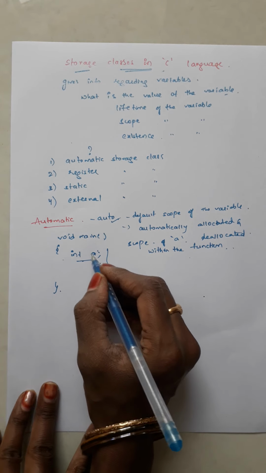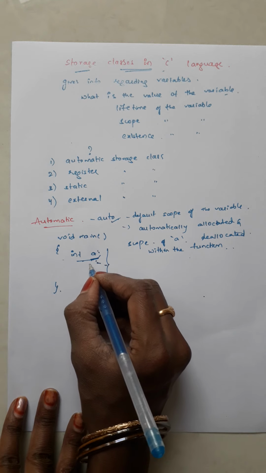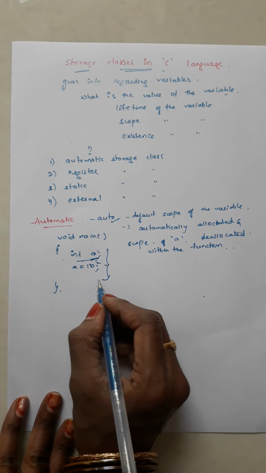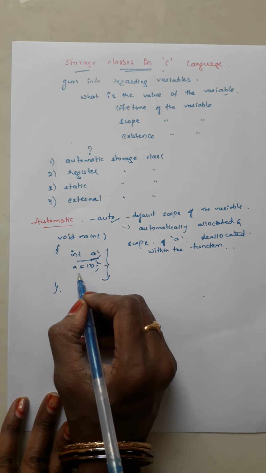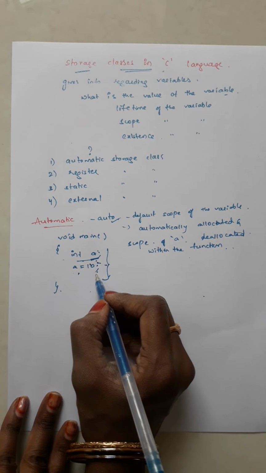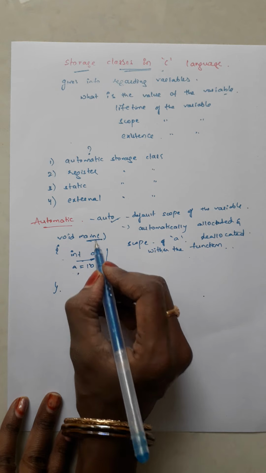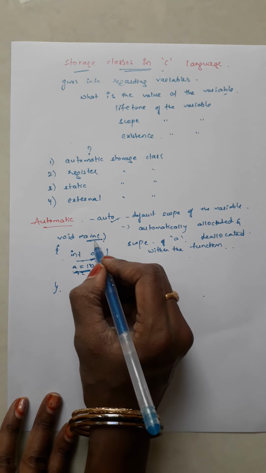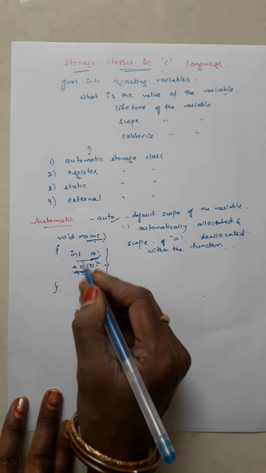Did we assign any value? No, we didn't assign any value. Let us assume a equals 10. Now what is the value of a? 10. What is its scope? Within the main function. We can use the value of variable a in the main function only, not in any other function.